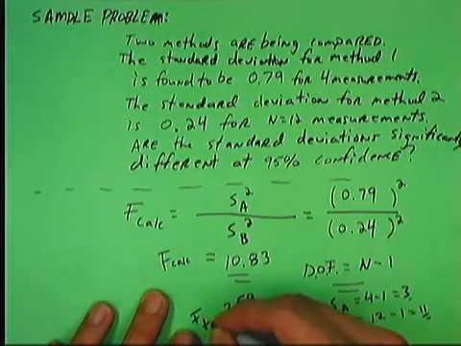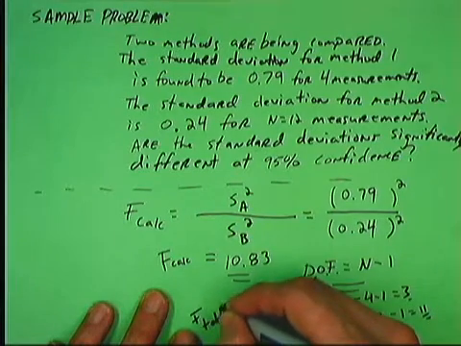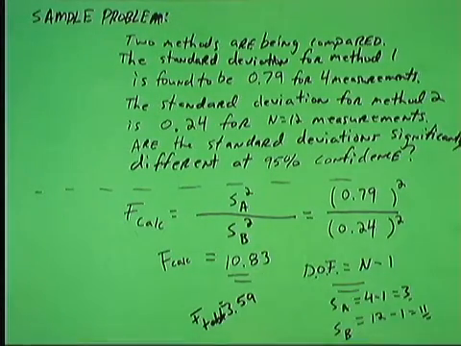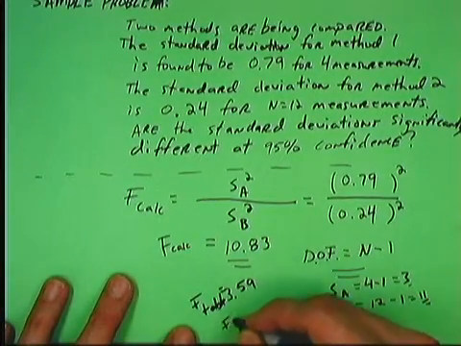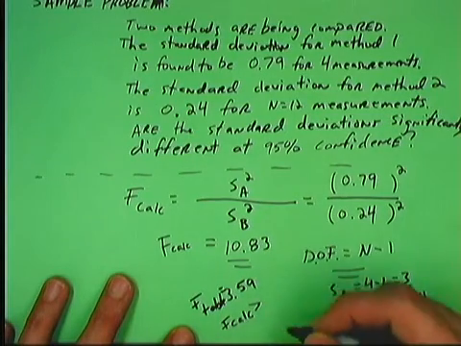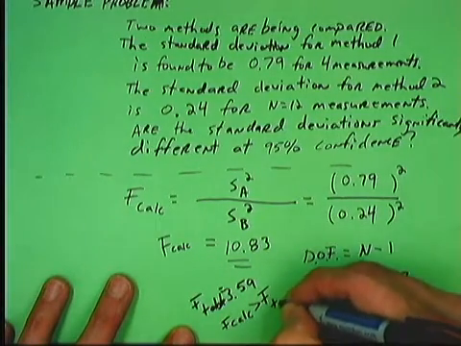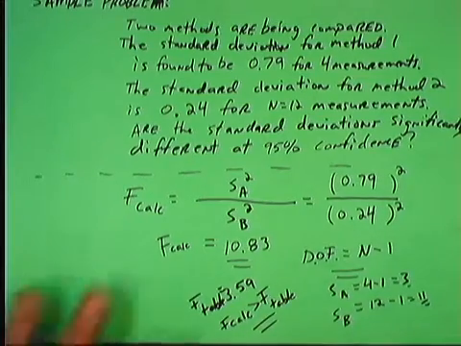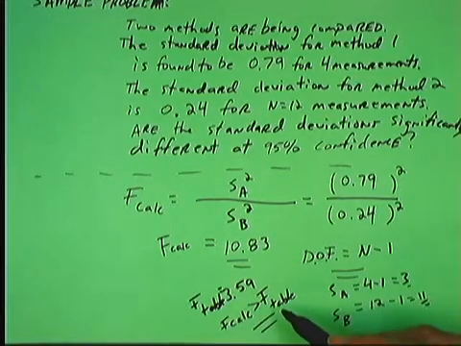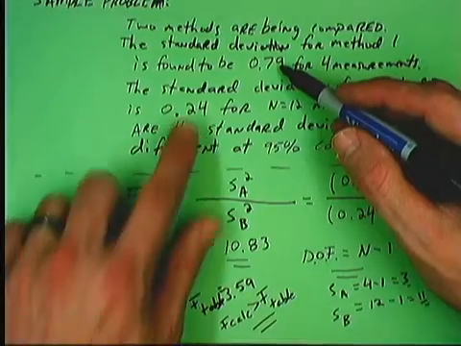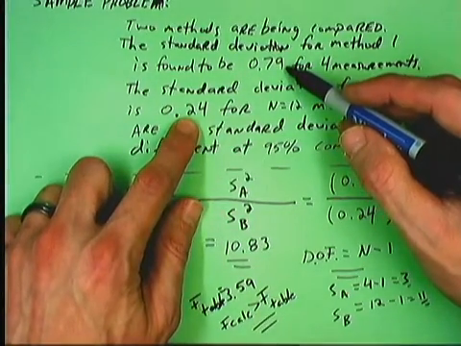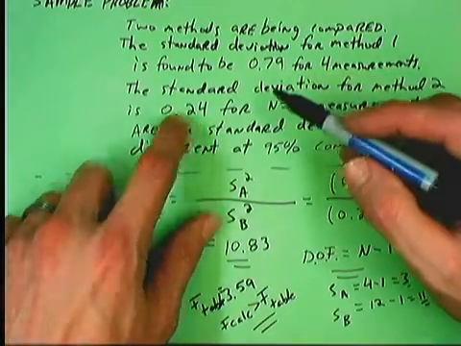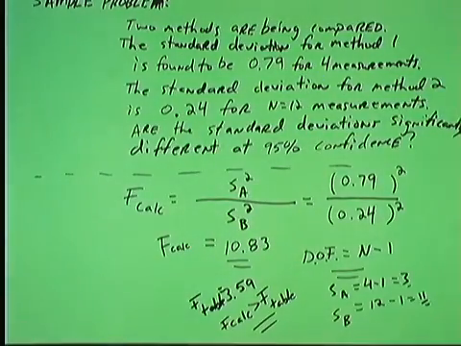That is F table, 3.59. So the result of our analysis, since F calc was 10.83, is that F calc is bigger than F table by quite a bit. And what that means is that the standard deviations of our two data sets are in fact statistically different. They're not the same. We've shown that through the F test.